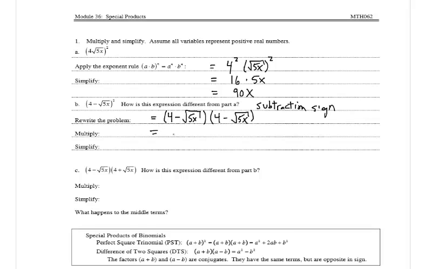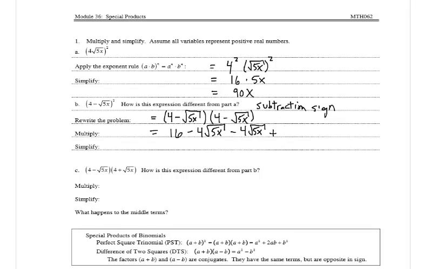So we have 4 times 4 is 16. 4 times negative square root of 5x is negative 4 square root of 5x. And we have negative square root of 5x times 4 again is minus 4 square root of 5x. And then we have negative square root of 5x times negative square root of 5x, which is positive.